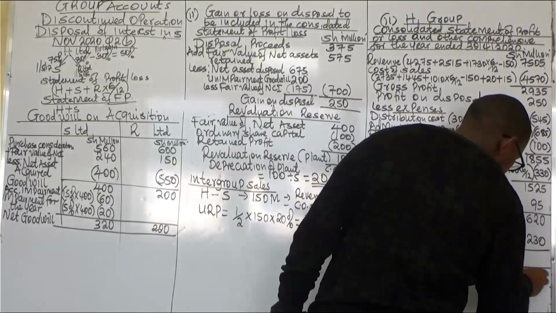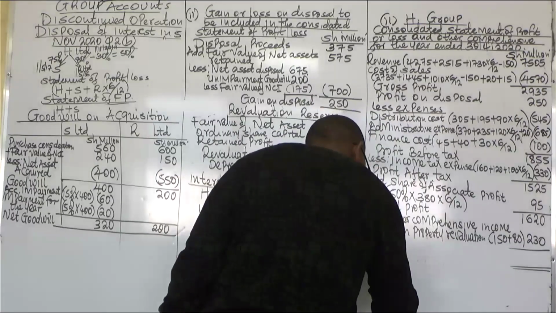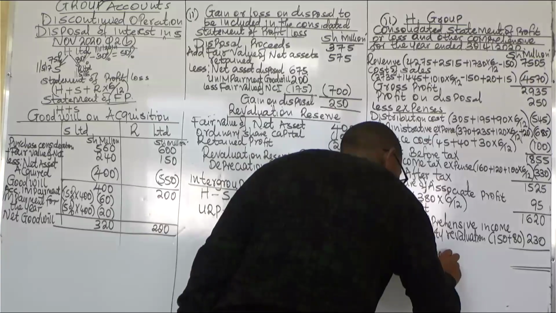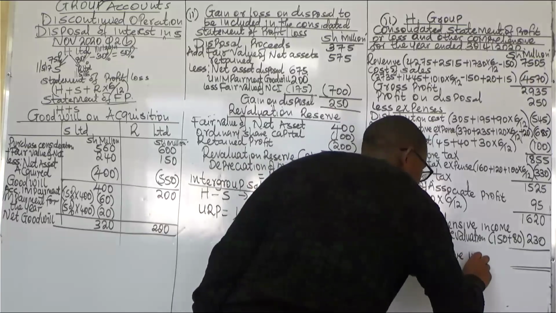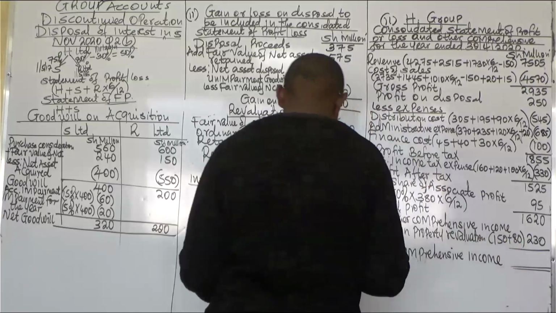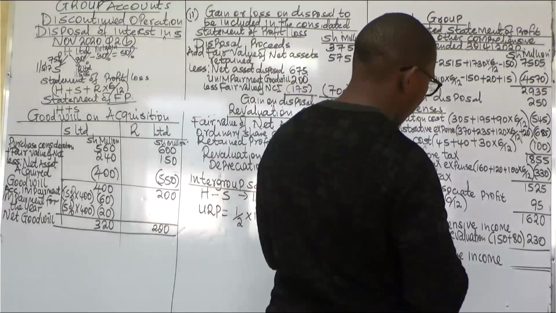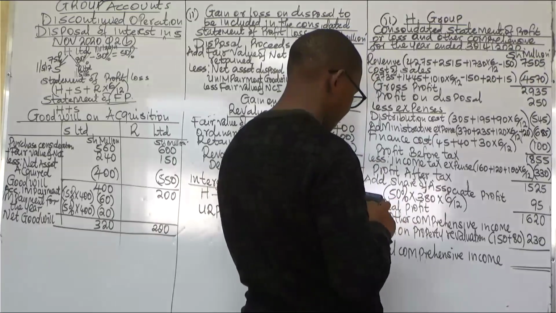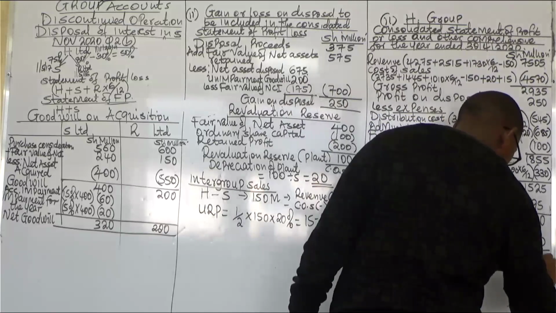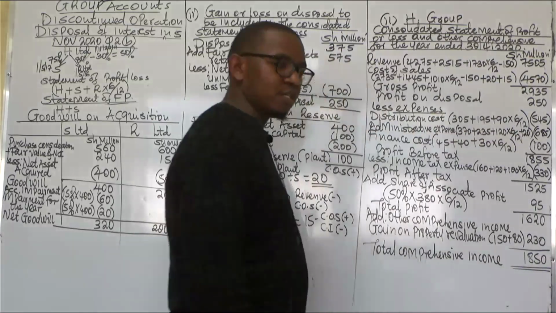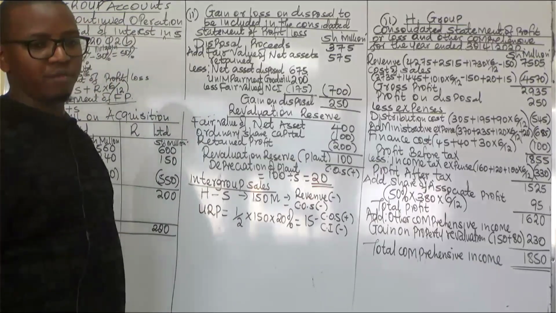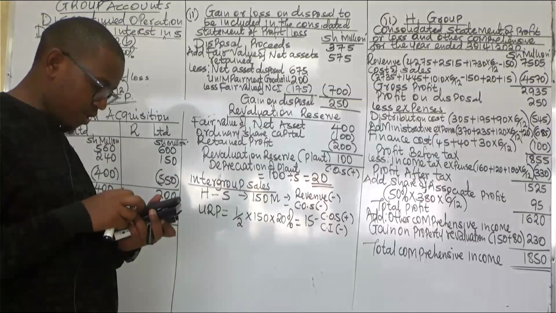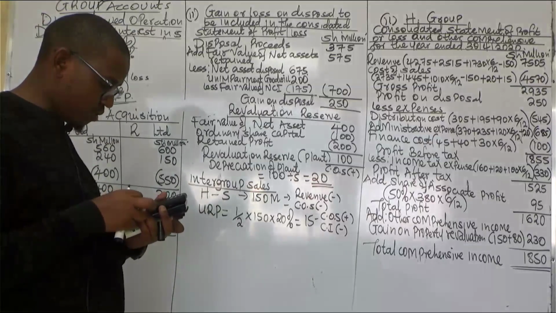So if you add, what will be the total comprehensive income? What will be the total comprehensive income? It will be 1850. And that is how you are required to do that one. That is how you are required to do the question.